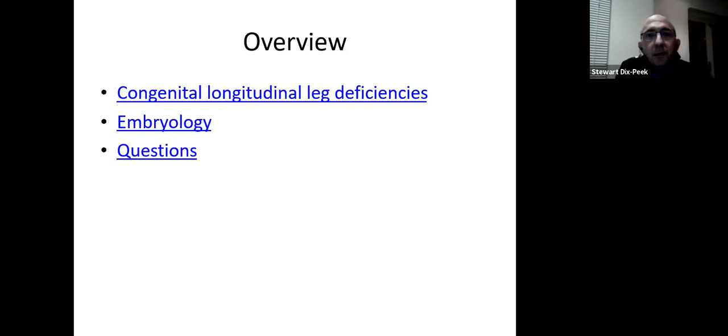So there's the talk, and that's going to be Tibial Aplasia, Fibula Hemimelia. If you can see my pointers here, there's the embryology bit, and then I wanted to spend a little bit of time on the format, which is going to become increasingly important, of the single best answer.